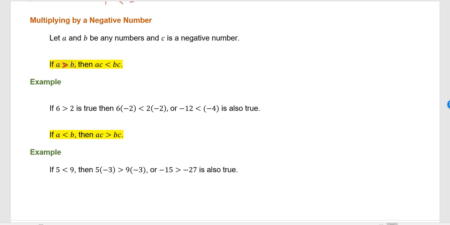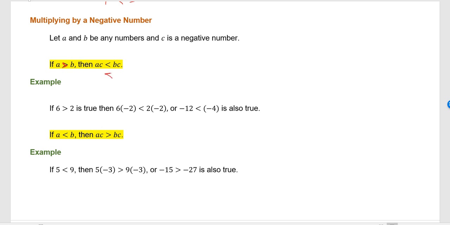That's why it may seem a little tricky, but you just have to keep that in mind. So if A is greater than B, then if you multiply both sides by the negative number, you flip the inequality sign after having done the multiplication.